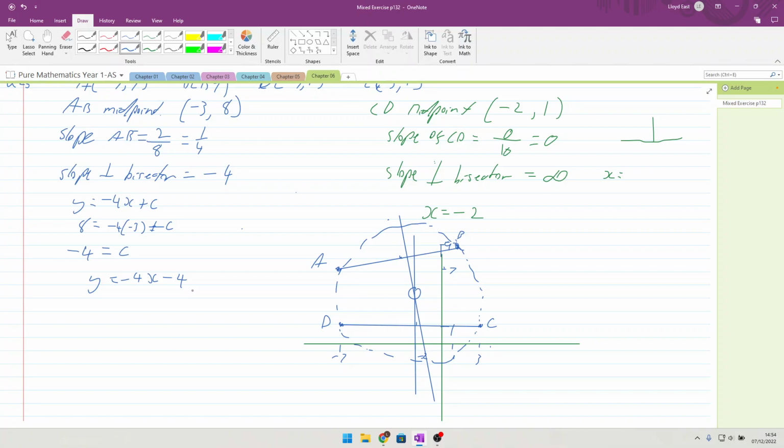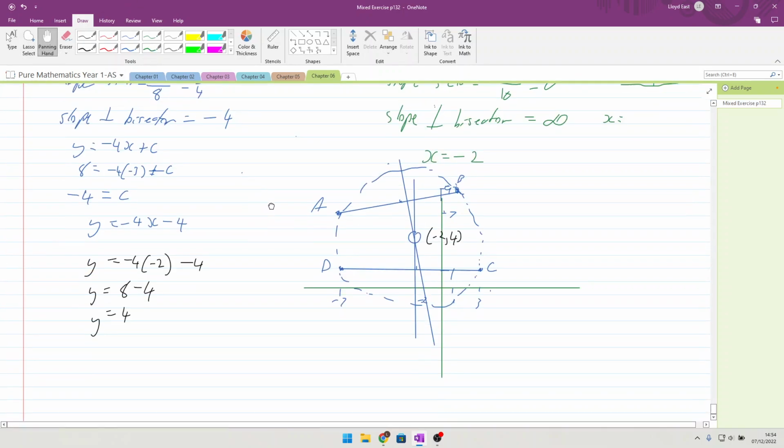Let's quickly solve in terms of where the center is. We end up with y equals minus 4x minus 4, just substituting this minus 2 in, so y equals 8 minus 4, which equals 4. So there we go, we've got (-2, 4) for the center.